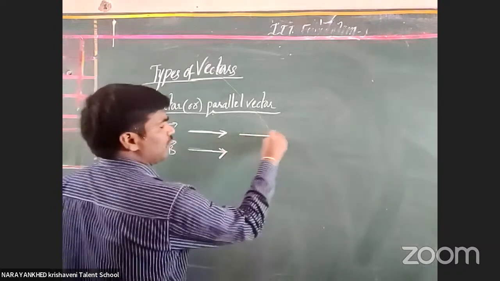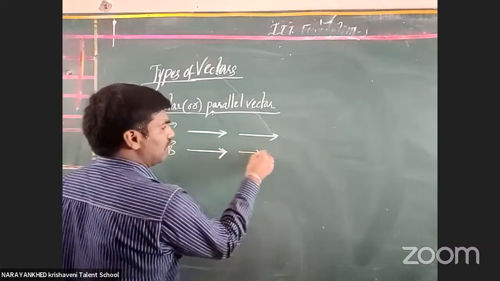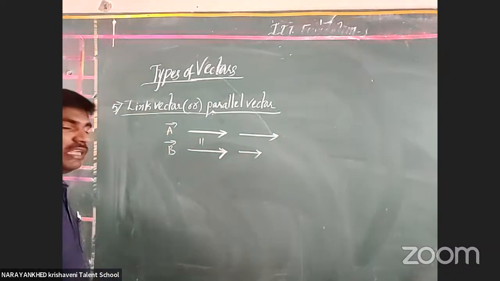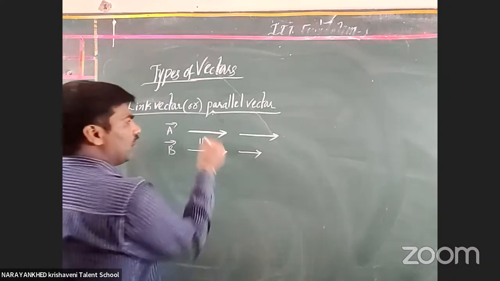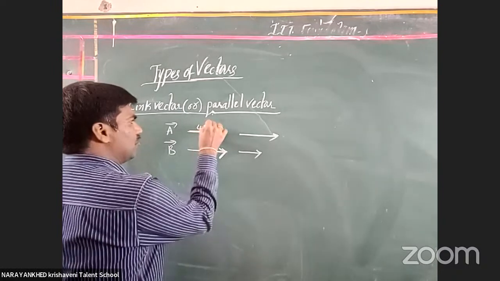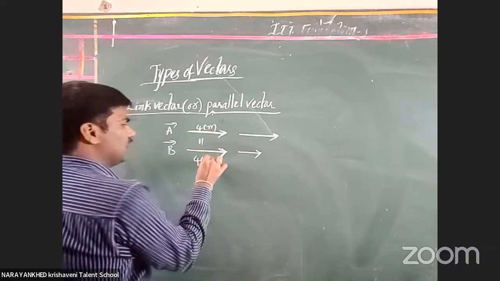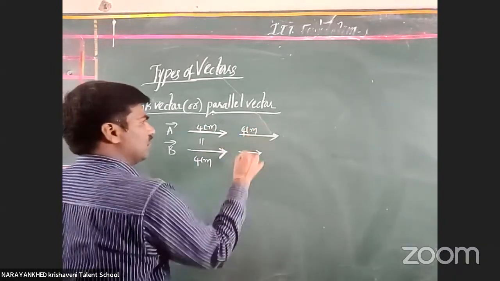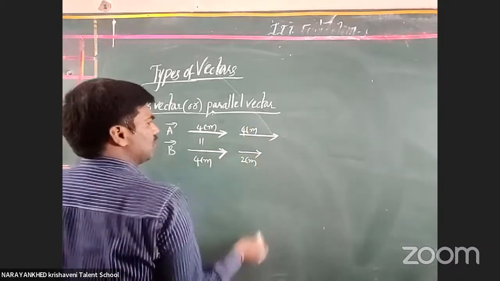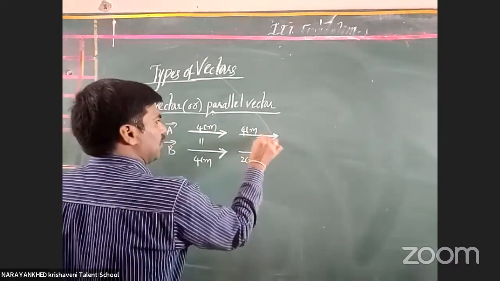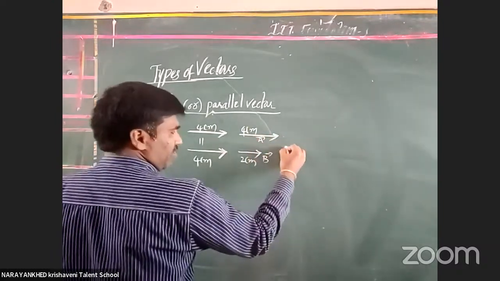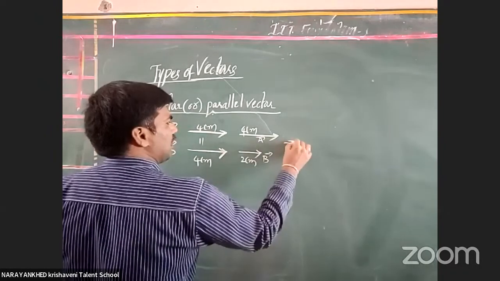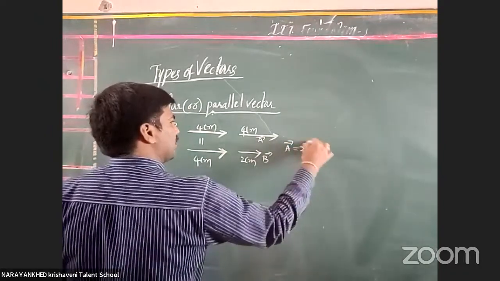Every time the magnitude may not be the same here. If the magnitude is also the same, it also becomes an equal vector, A is equal to B. But the magnitude can be different. Somewhere it is 4 centimeter and the other is also 4 centimeter; here it is 4 centimeter and the other becomes 2 centimeter. Then A bar is written as 2 into B bar.